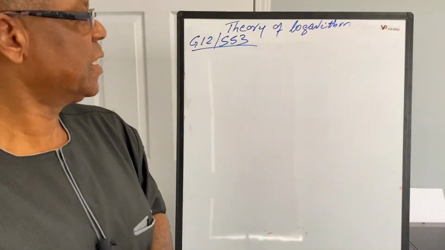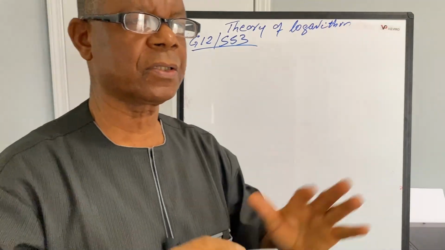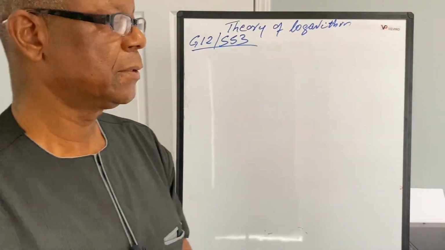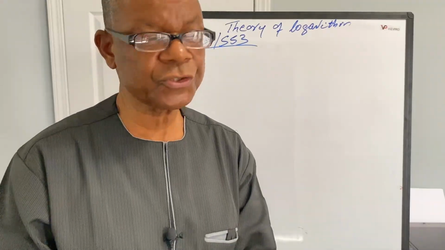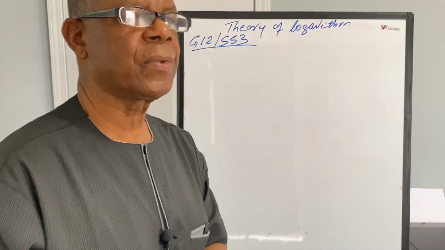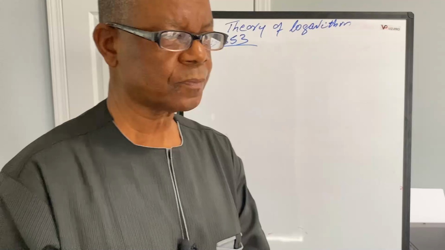In our previous grade, we treated logarithm using tables to solve our problems. This time around, we are going to treat the theory, a situation where we will solve a log without using a table.